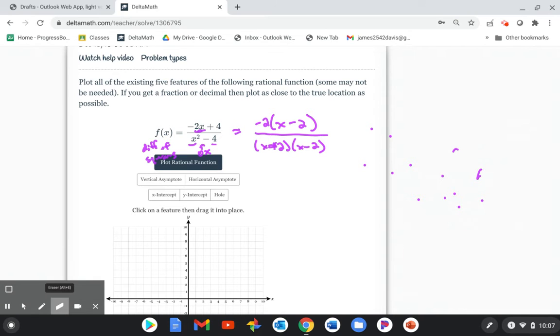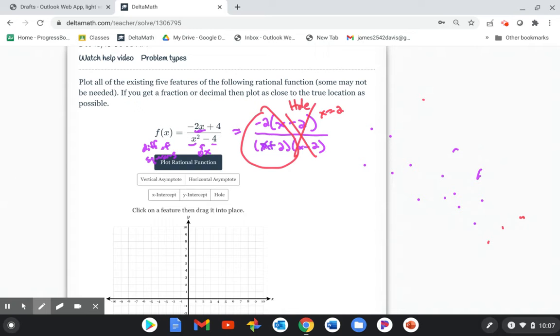All right. Let me delete that there. Okay, so let's go ahead and cancel what we can. And that'll give us our hole. As you can see, x minus 2's cancel. So there's a hole there. And that would be at x equals 2. And then remember, we've got to plug this into what's left over here. So for a hole, we do f of 2, but we're going to plug it into just what's left over.